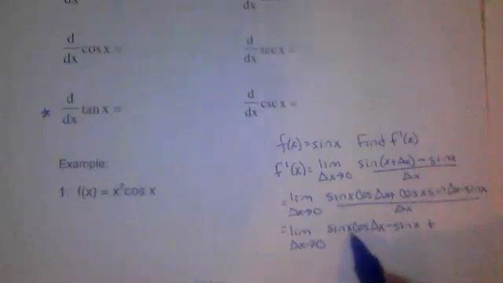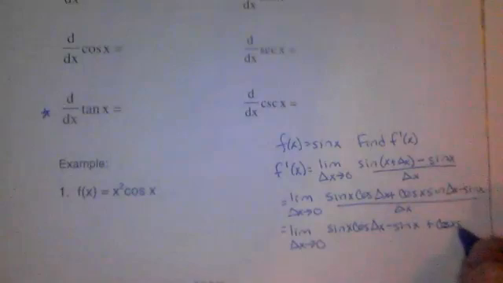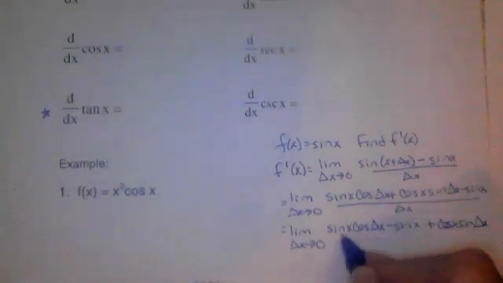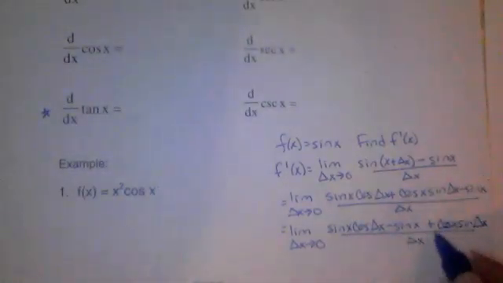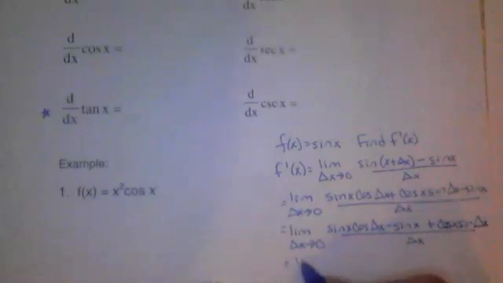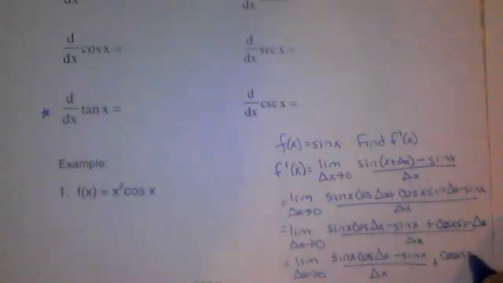All right, so sine x cosine delta x minus sine x plus cosine x sine of delta x all over delta x. The only reason I did that is so that I can now separate these out. So I'm going to create two fractions here, sine x and cosine of delta x minus sine x over delta x plus cosine x sine of delta x over delta x.